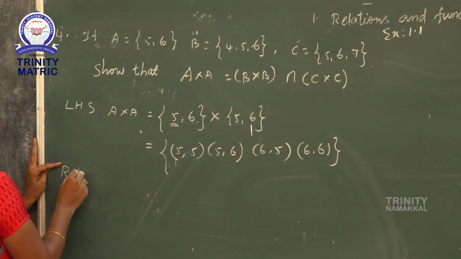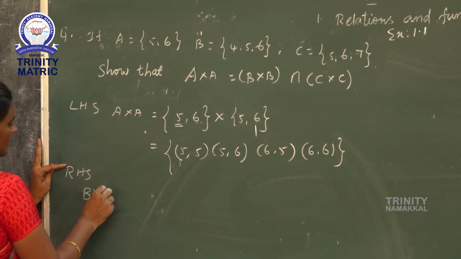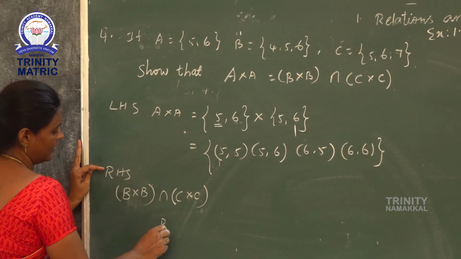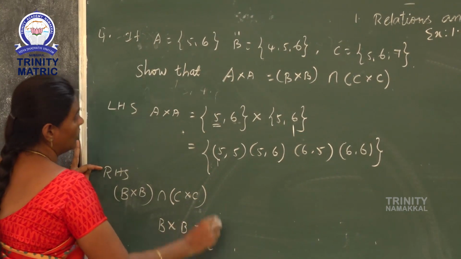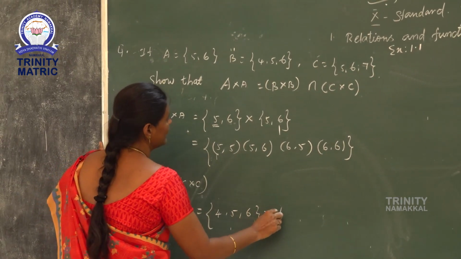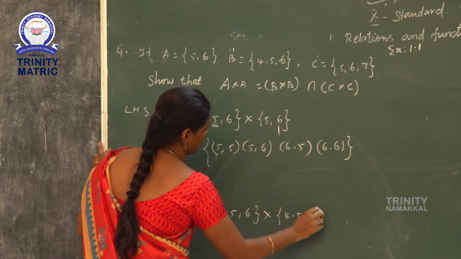Then what is the RHS? B cross B intersection C cross C. From this, first we find B cross B. What is B? 4, 5, 6, cross again 4, 5, 6.